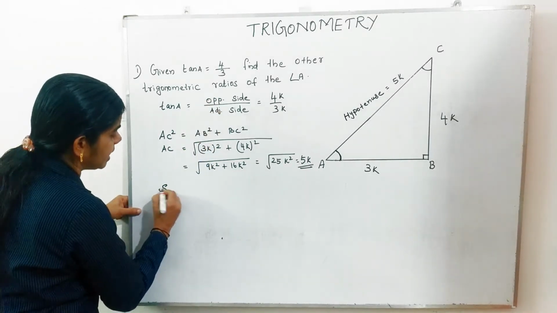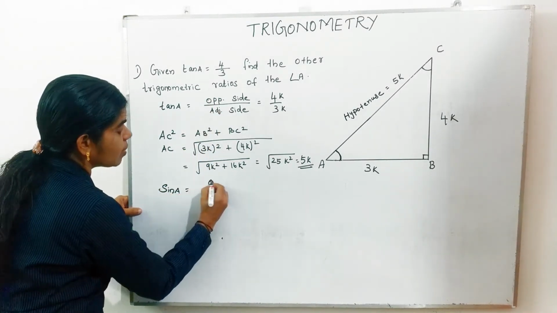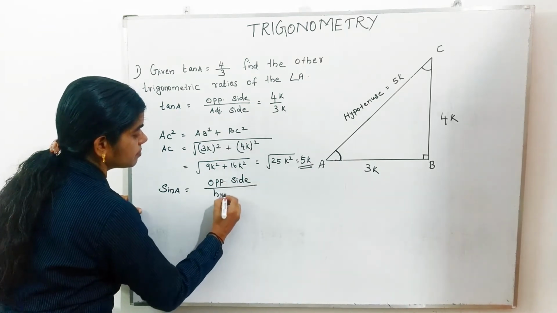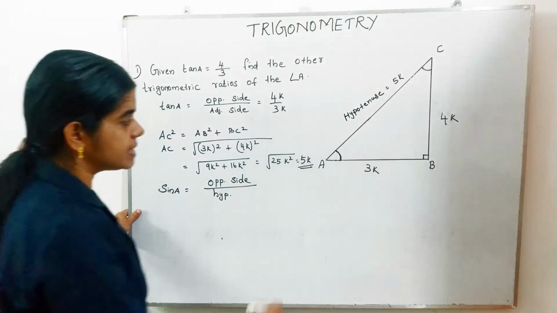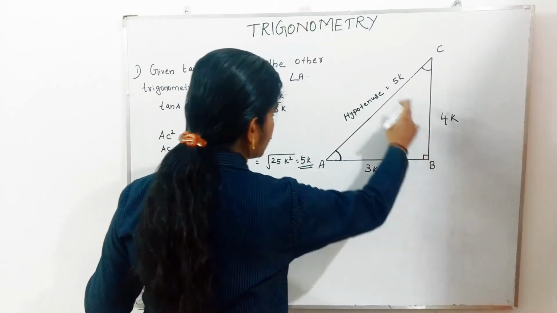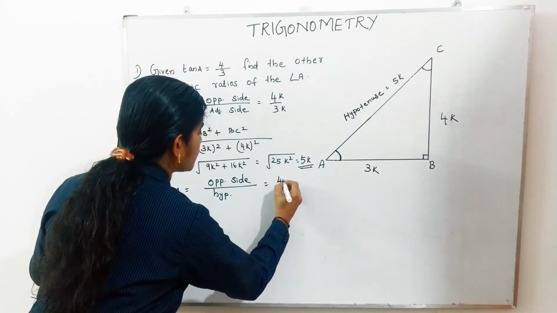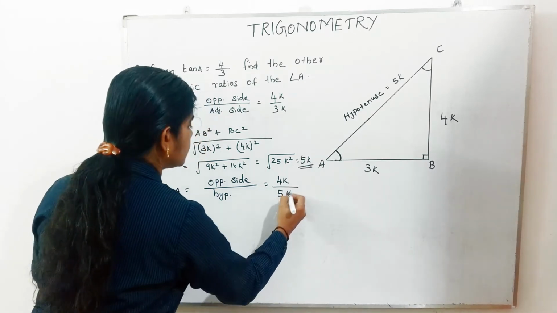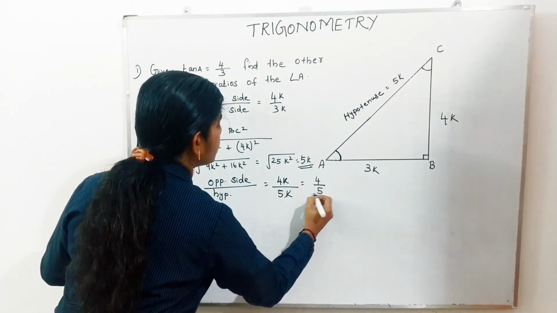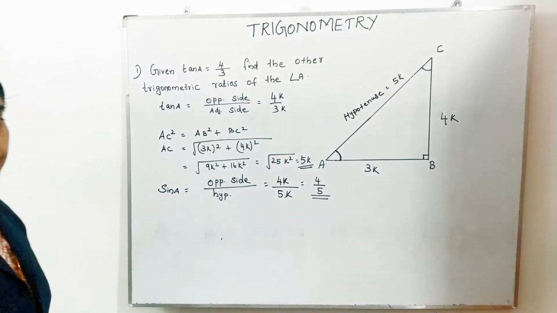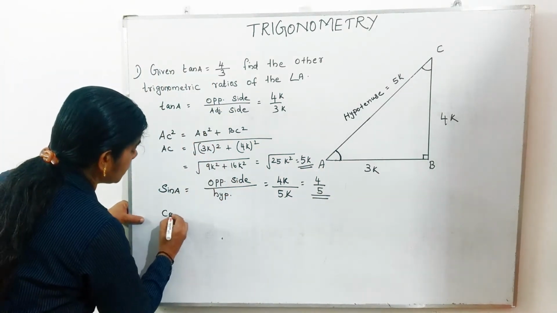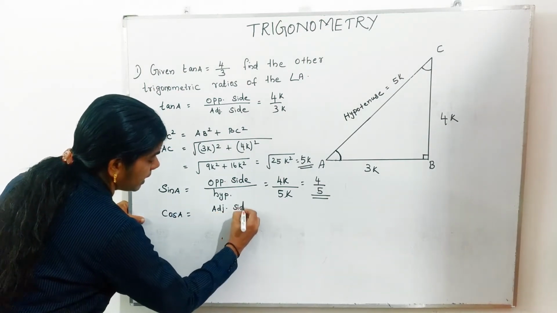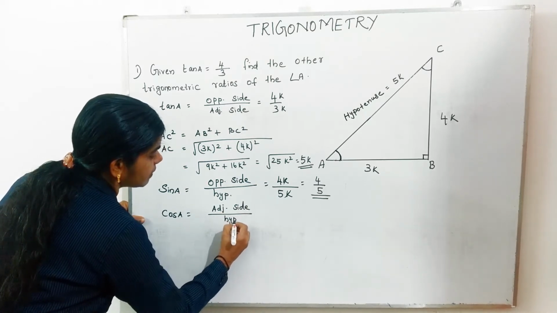First we can write sin A. Sin A means opposite side divided by hypotenuse. What is the opposite side here? 4k. 4k by hypotenuse, which is 5k. Then that k we can cut. So 4 by 5 will be sin A. Then we want to find cos A. Cos A is equal to adjacent side divided by hypotenuse.